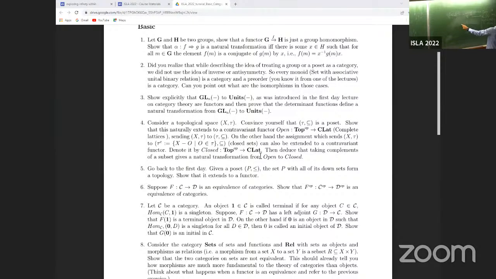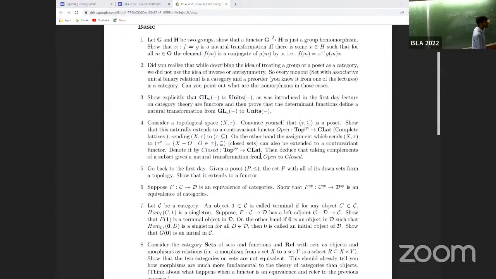And be careful while using the word inverse. Functors don't have inverses. In equivalence, they don't call it inverse, unless it is an isomorphism. So in isomorphism, you can call it inverse, but in equivalence, you do not call it an inverse. What is G of F?